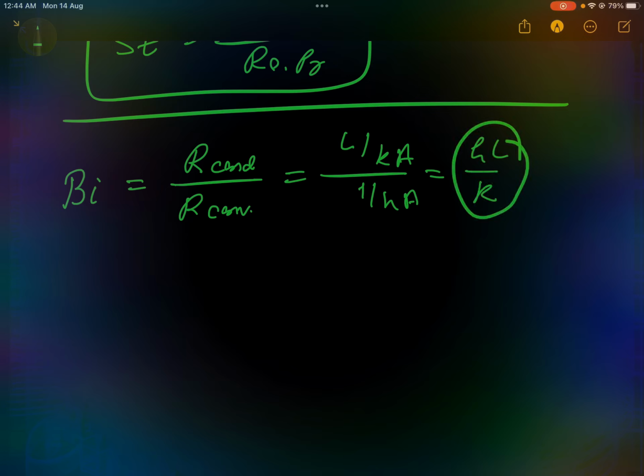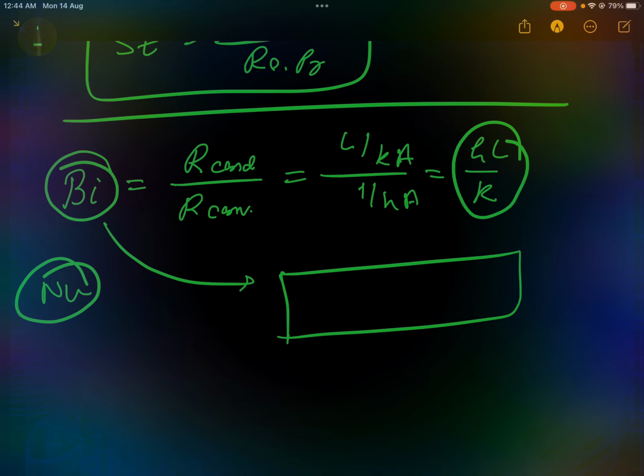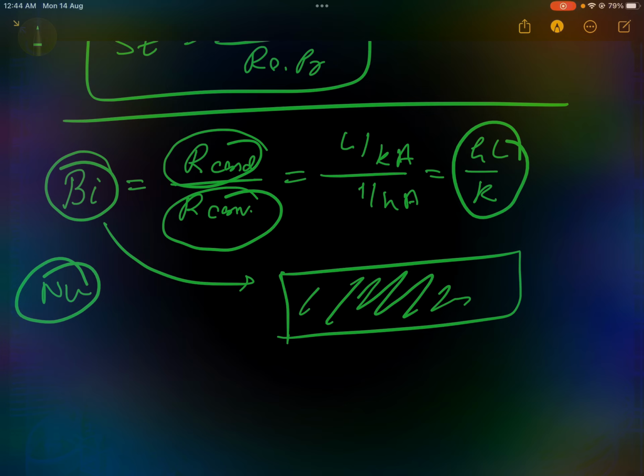It looks equal to the Nusselt number, but the significances are different, because the Biot number tells about a material. We want to calculate the conduction resistance and the convection resistance of the material, so we are more concerned with how the conduction resistance within the material compares to the convection resistance.